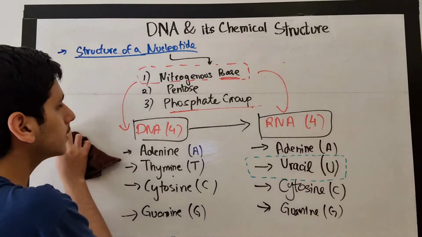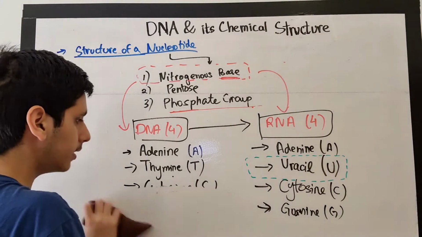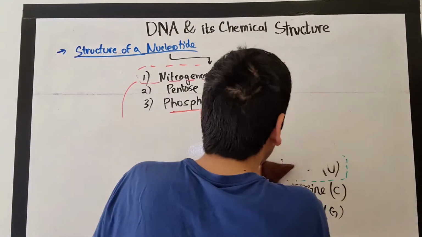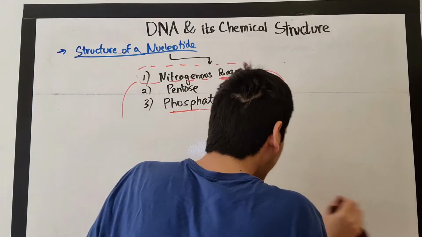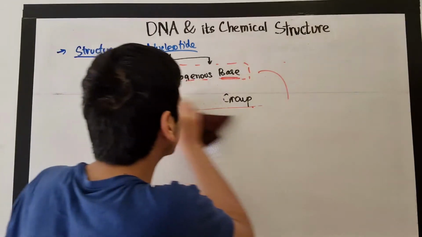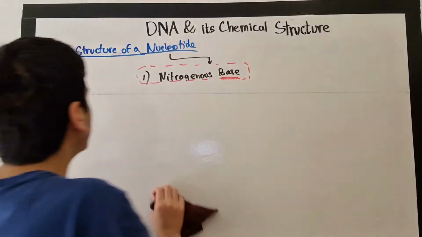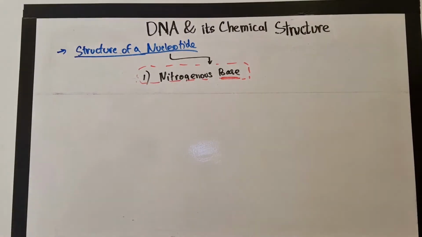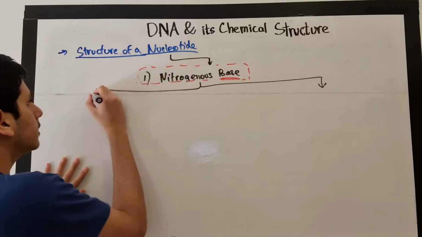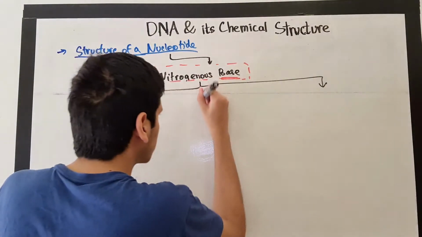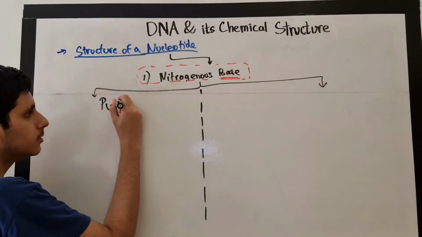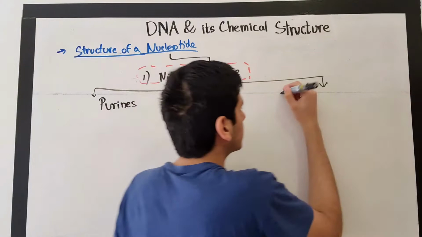I'm going to erase this. It's a very important concept to understand. We classify nitrogenous bases into 2 categories, and those 2 categories are, first, purines and second, pyrimidines.